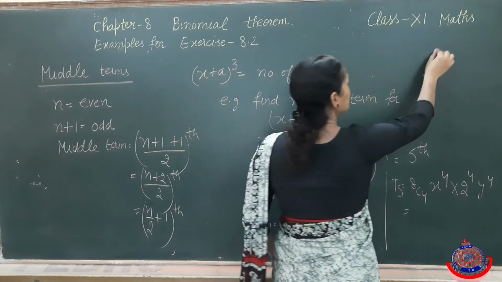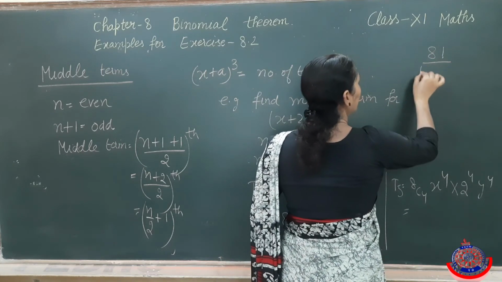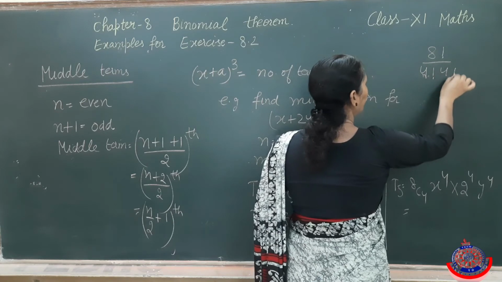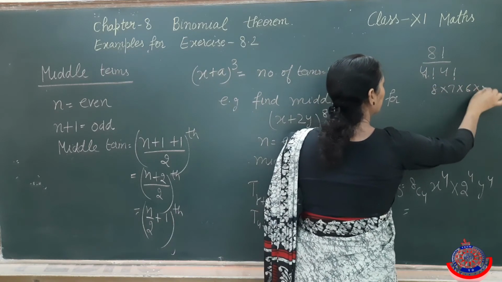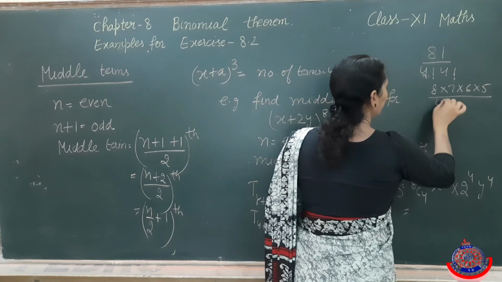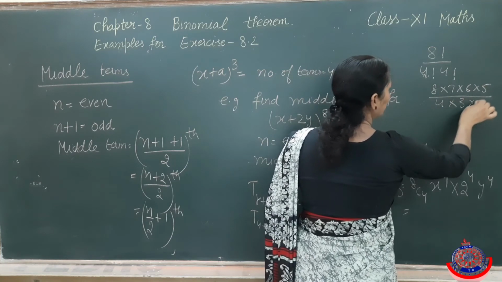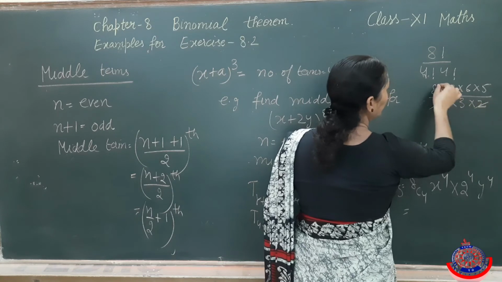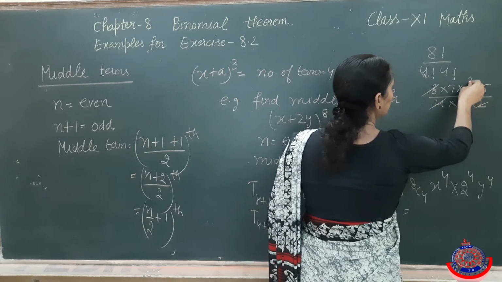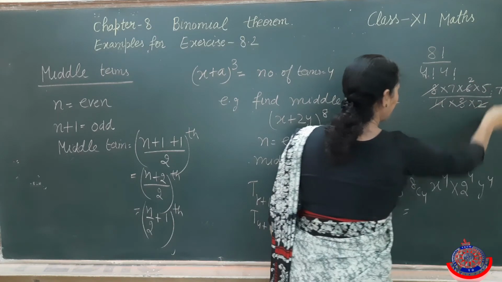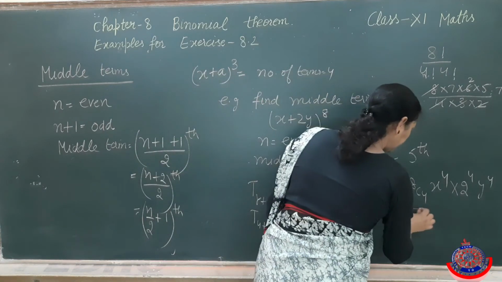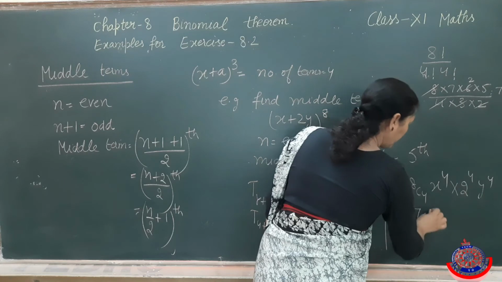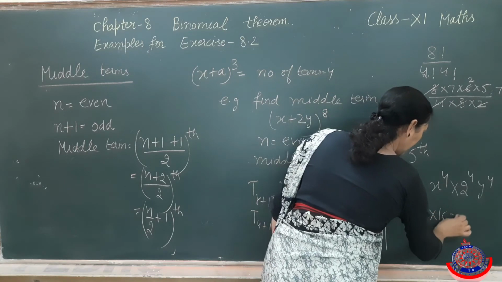Now 8C4 means 8 factorial upon 4 factorial into 4 factorial. So 8, 7, 6, 5 over 4 factorial, which will be 4 into 3 into 2. 4 and 2 make 8, 3 times 2 is 6. So it will be 70. So 8C4 will be 70. 2 power 4 will be 16.